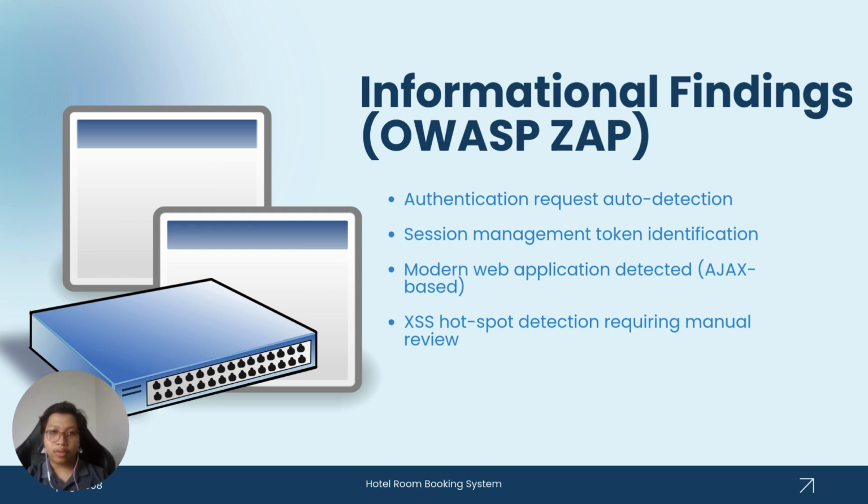ZAP also flagged several XSS hotspots. While these are not confirmed vulnerabilities, they require manual review to determine exploitability. Though informational, these findings provide useful context and guide further manual testing.